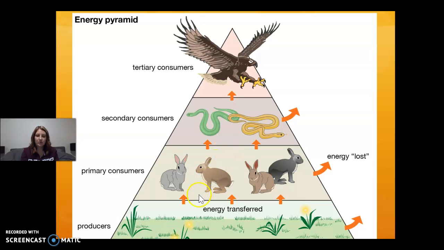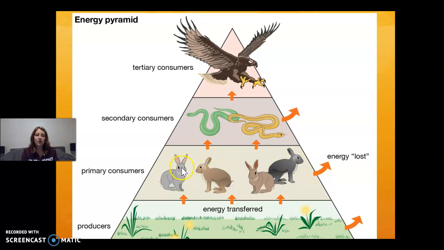So let's take a look. Here is our energy pyramid. At the bottom, you have your producers, your plants, your trees, your flowers, and so forth. Then you have the next level up, which is your primary consumers. Here we have rabbits. Again, remember 90% of the energy is being used by those rabbits, right? So they can hunt, eat, survive, hop, reproduce, and so forth, as well as, we remember from our last chapter, some energy is lost in the form of thermal energy or heat.